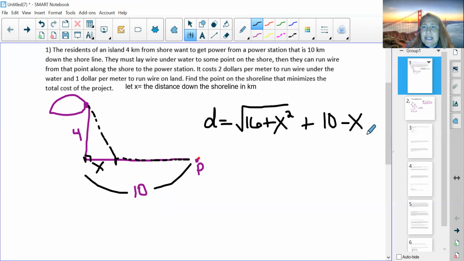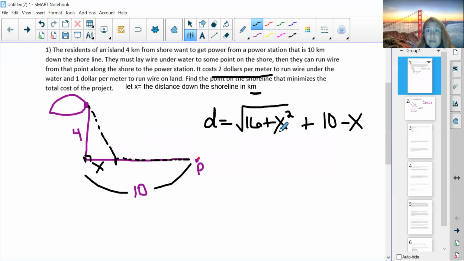But it's not the distance that I'm actually trying to minimize, it's the cost. Okay, so now I have to work the cost into my formula. And so it costs $2 per meter. Now remember, X is in kilometers. So if it's $2 per meter, there's 1,000 meters in a kilometer. So that would be $2,000 per kilometer.